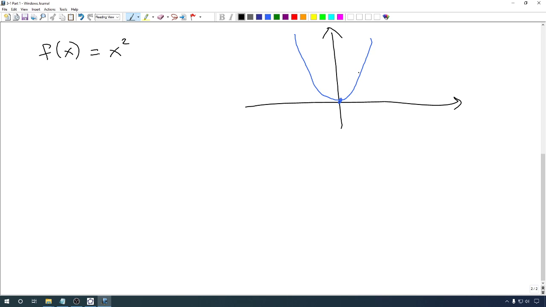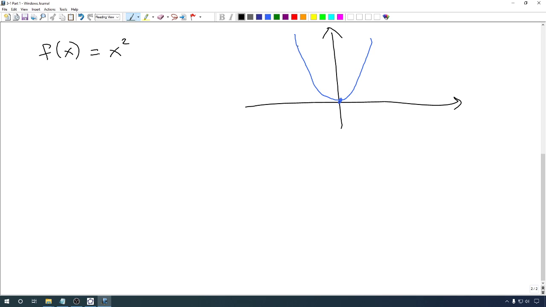If we put in x values that are positive, so say from 1 to 2, or even all the way from 0 to infinity, we would expect this function to be increasing on that interval. But on the other side, when we're talking about negative x values, we expect our function to be decreasing. It's going down.